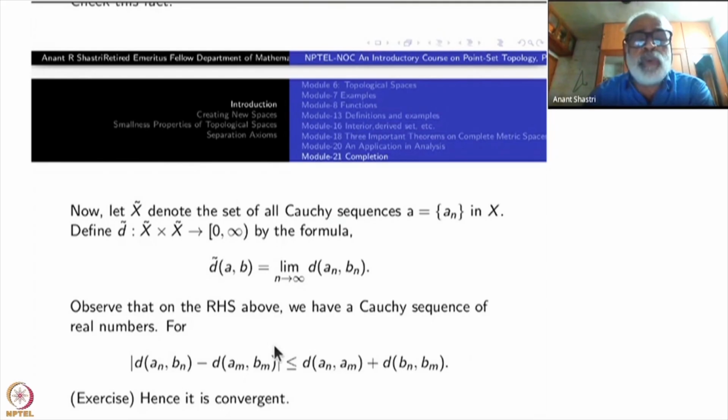It converges to something, and this inequality is there, so this will be a convergent sequence. That's all.